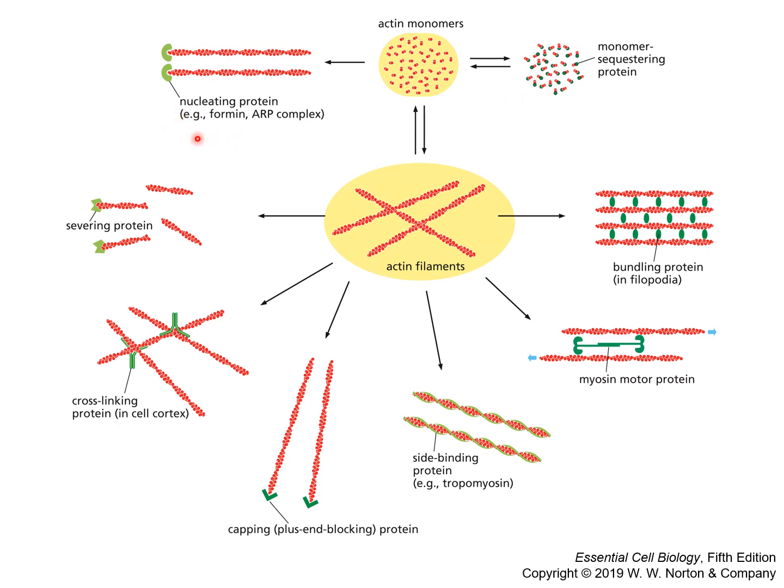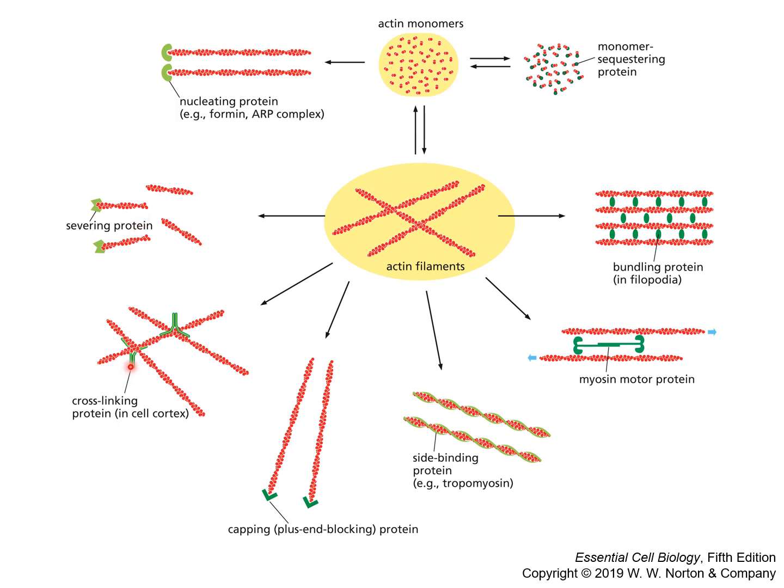Sometimes cells can use nucleating proteins such as formin, which look like a cap here in the front. And then cells can use severing proteins, which cut filamentous actin into small fragments.